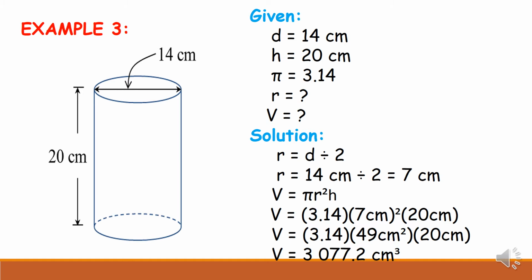Now we have 3.1400 times 49 centimeters squared times 20 centimeters. That is equal to 3077.2 centimeters cubed. So the volume of the given cylinder is 3077.2 centimeters cubed.